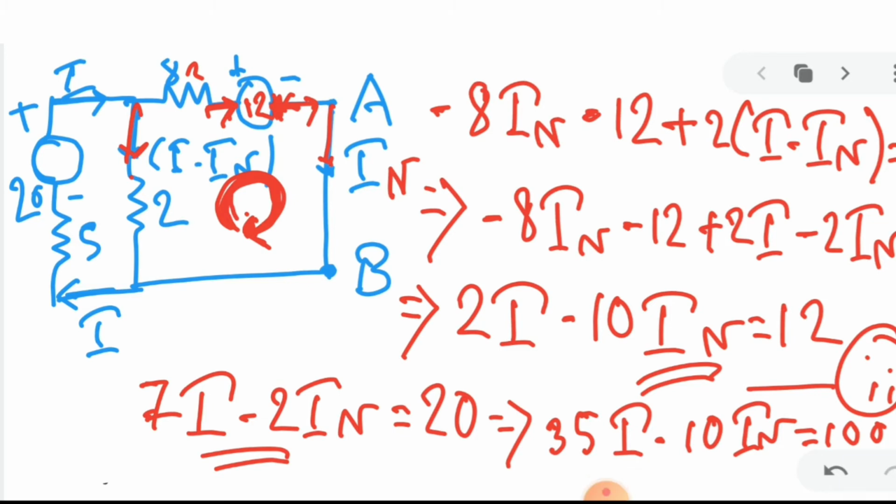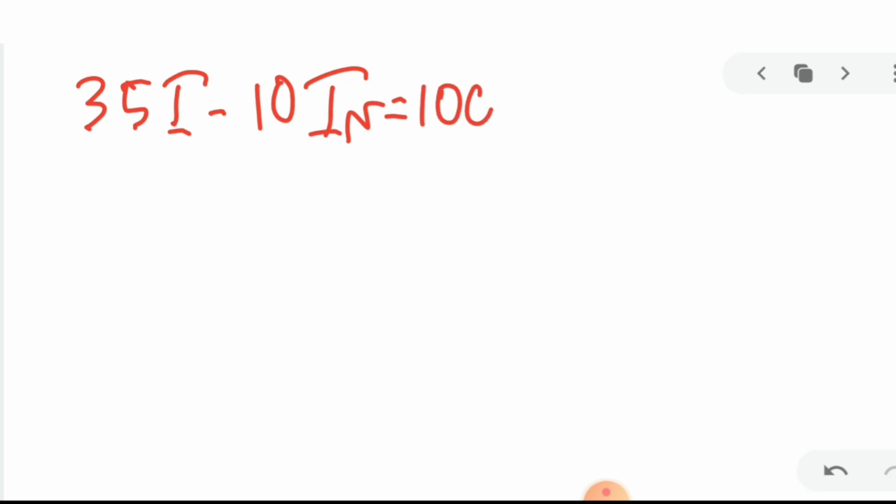Okay, so write the calculation: 35I minus 10IN equals 100.